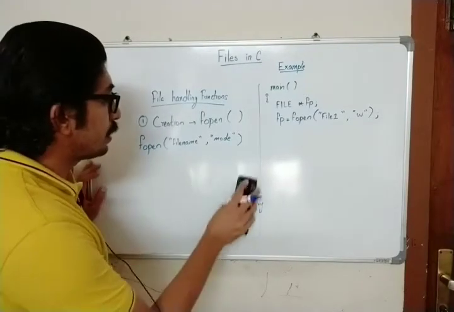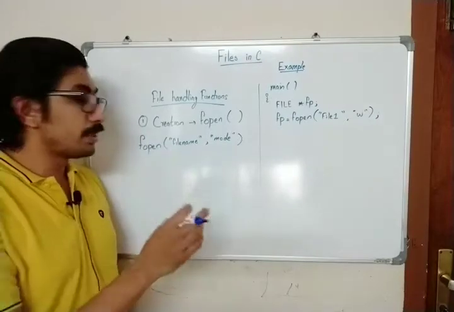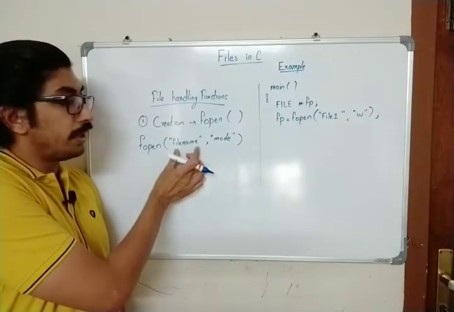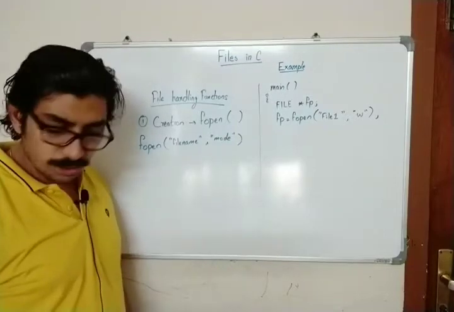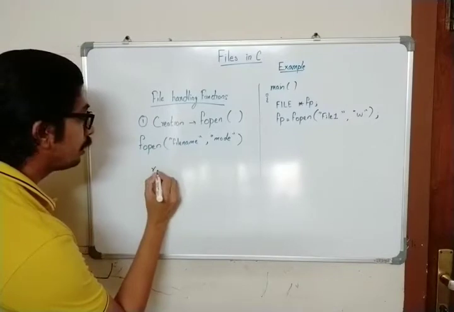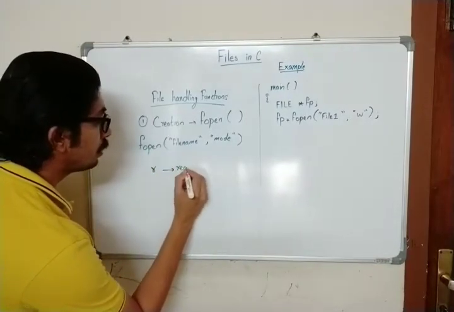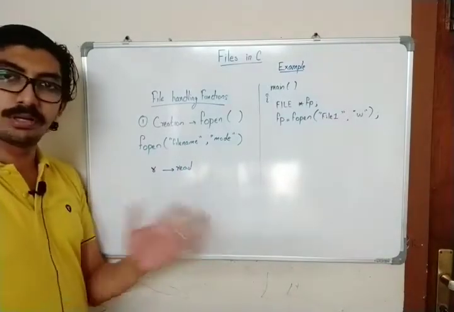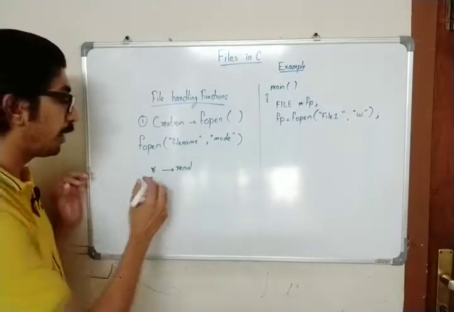First we will see the fopen function. It has two parameters. One is the name of the file, and the other is the mode in which we are going to open the file. First see what the different modes are. The main ones: one is read mode, r. If you are opening a file in read mode, we are telling the compiler that our purpose is to read contents from the file.